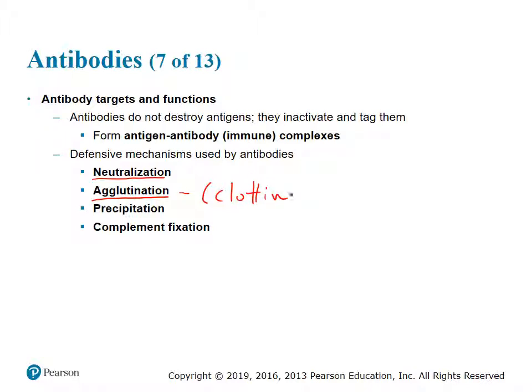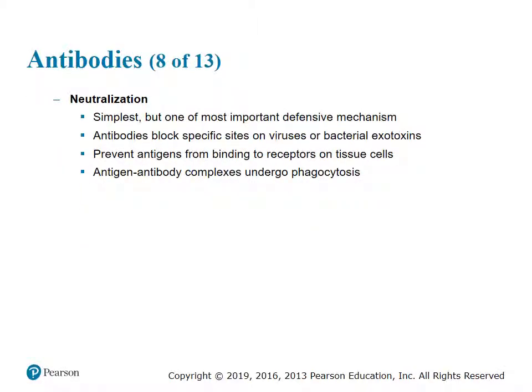In some cells it can cause clotting to occur, where antibodies bind to one antigen and then to another antigen, and they create a kind of net, if you will. Sometimes if they're cells, then they become clots. What we call precipitation is falling out of the solution, and then there's complement. So here's neutralization here, and I'm not going to discuss this one.